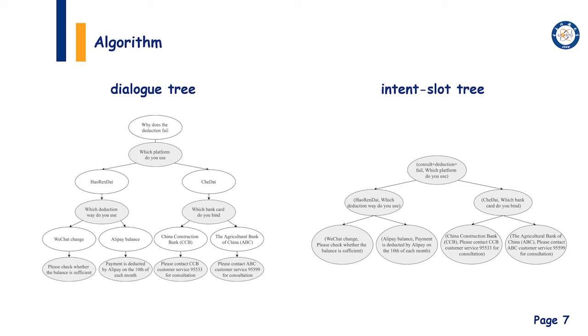Intuitively, each white node is merged with its gray child node. It should be noted that the root node of the intent slot tree is different from other nodes, in that it uses the labeled intent instead of the semantic slot.